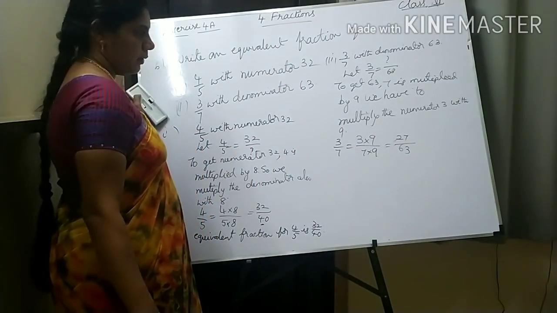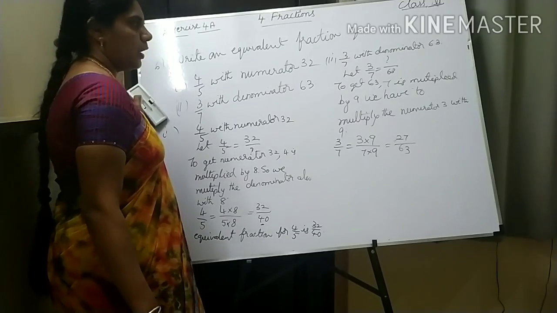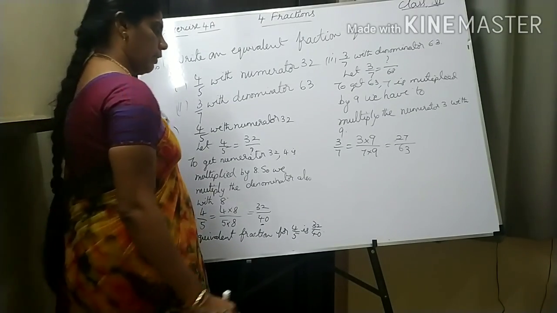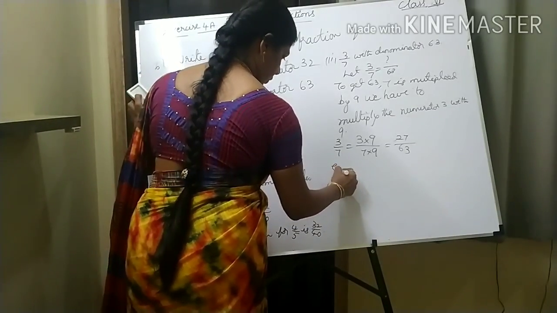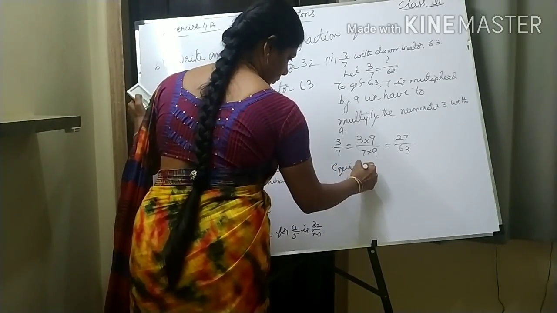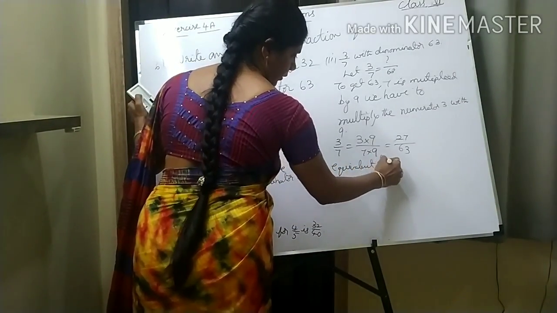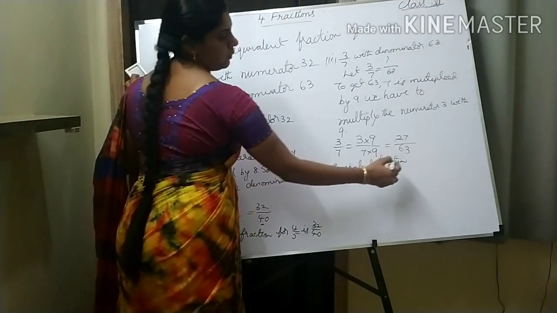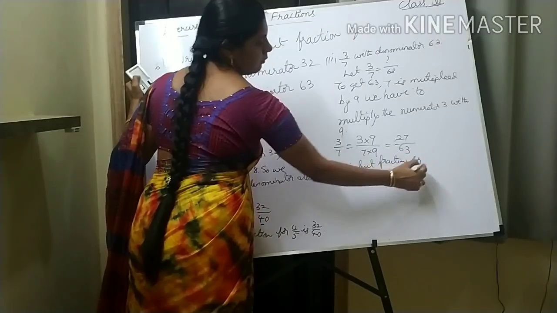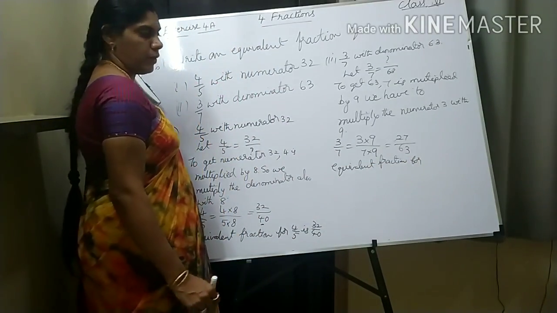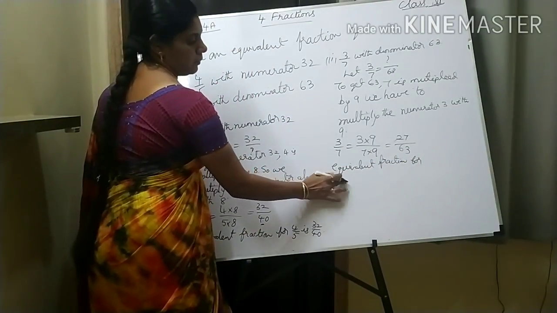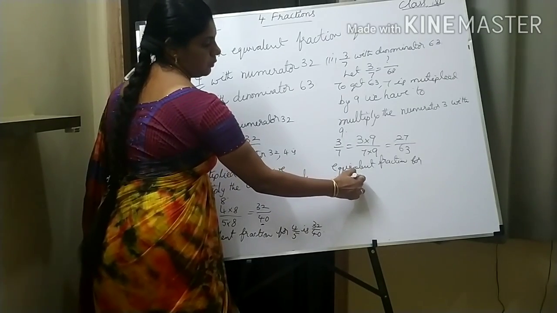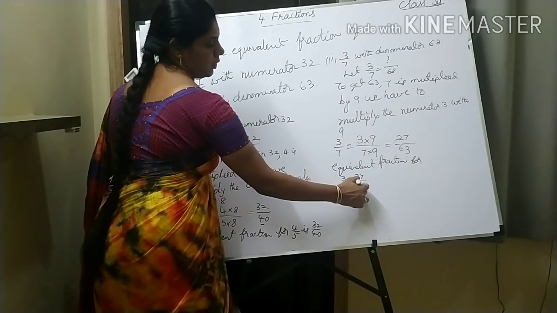So this is your equivalent fraction of the given fraction 3 by 7. Therefore the equivalent fraction for 3 by 7 is 27 by 63.